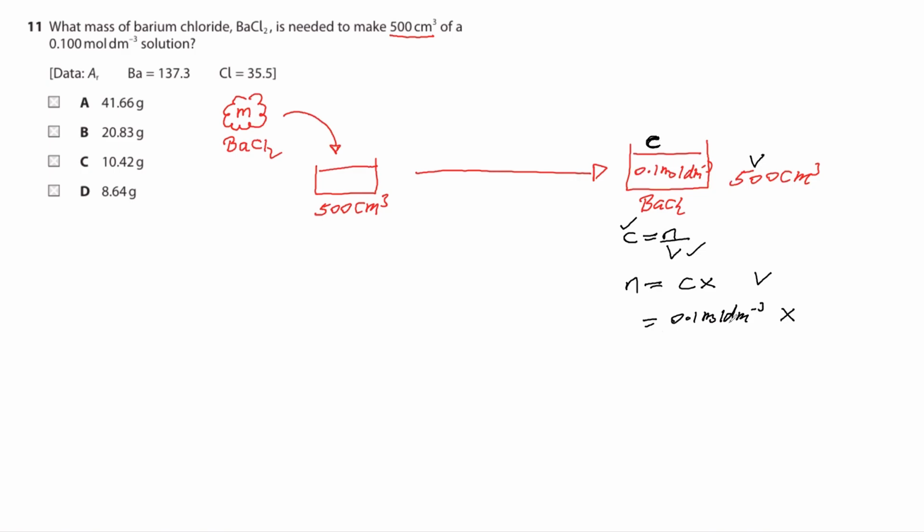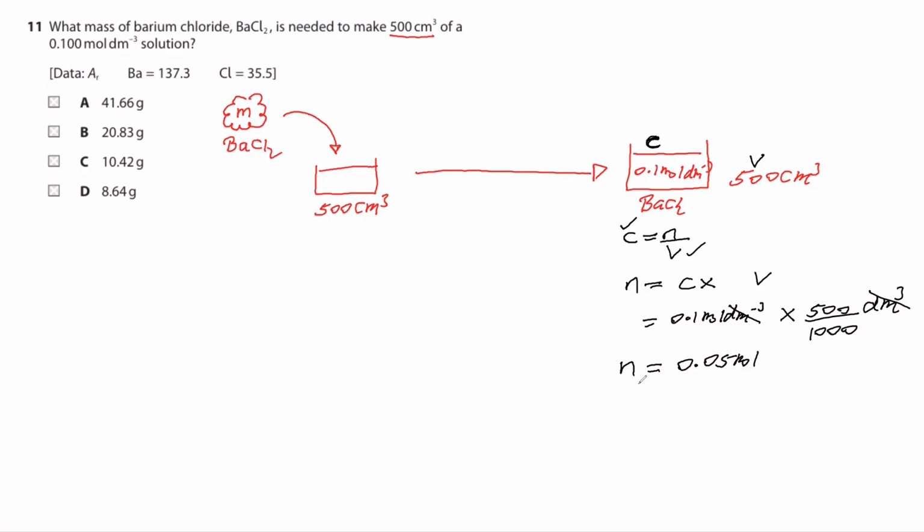And since our concentration is in moles per cubic decimeter, we have to use volume also in cubic decimeters. So we take 500 cubic centimeters. To convert cubic centimeters into cubic decimeters, you divide that value by 1000. Now it is in cubic decimeters, so per cubic decimeter will cancel out. Your answer will be 0.05 mole.